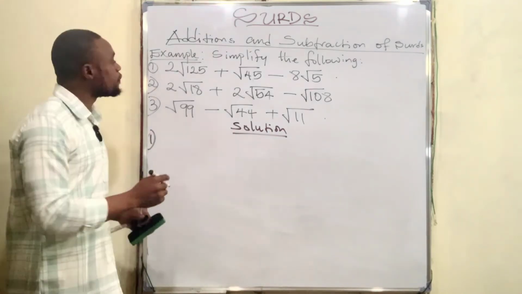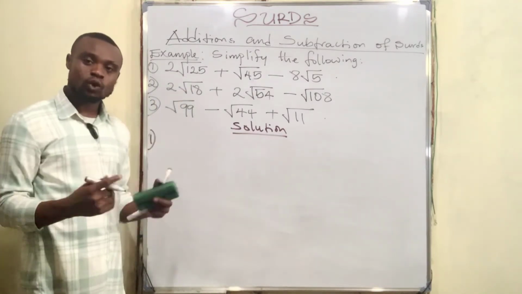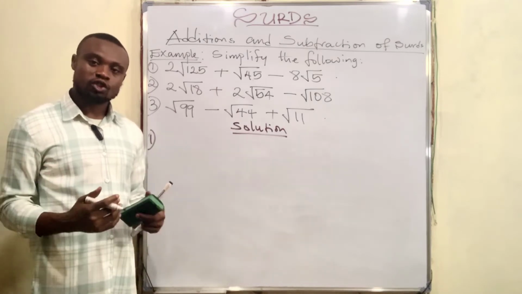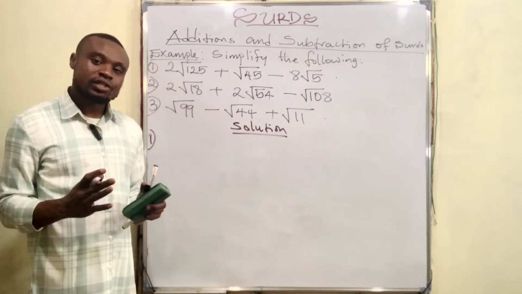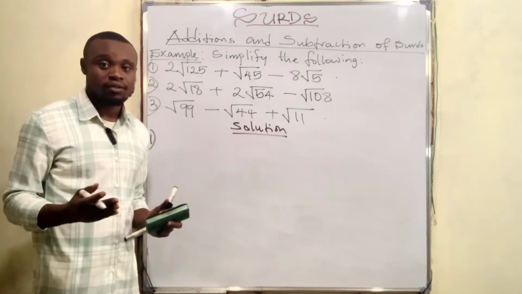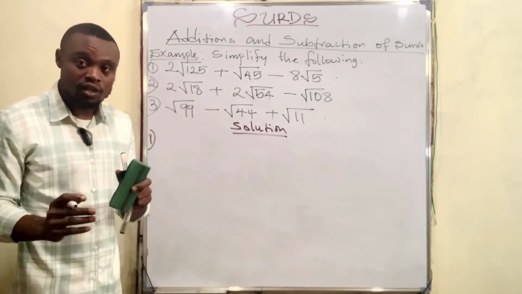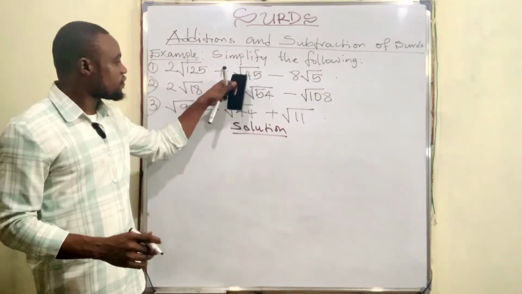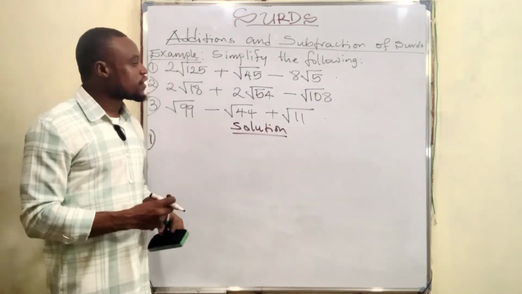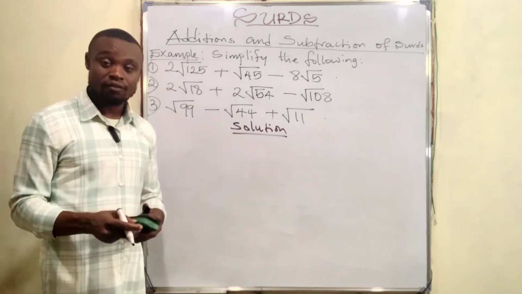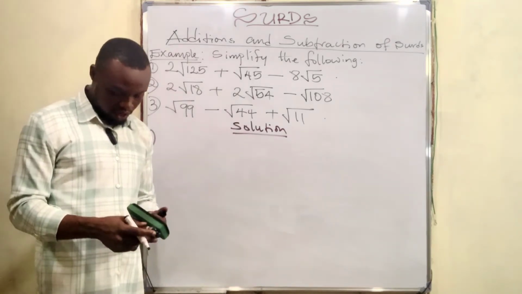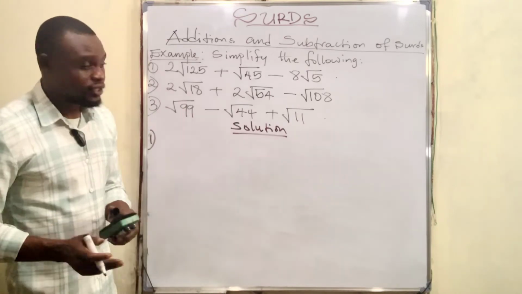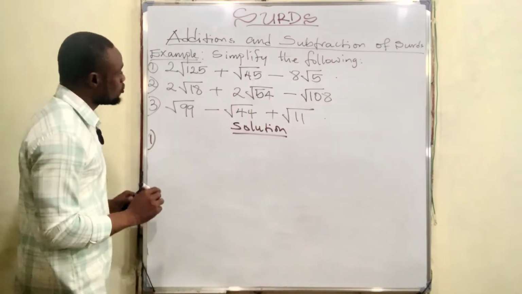Now the root of 125. 125 is the same as 5 times 5 times 5 in 3 places, which we can equally say is 25 times 5, right? Now 25 is a perfect square and 5 is irrational, so we'll keep that. Also 45. 45 here is 9 times 5. 9 is a perfect square. So we have 9 times the 5. So 5 is already 5 there, so we'll just let that be.